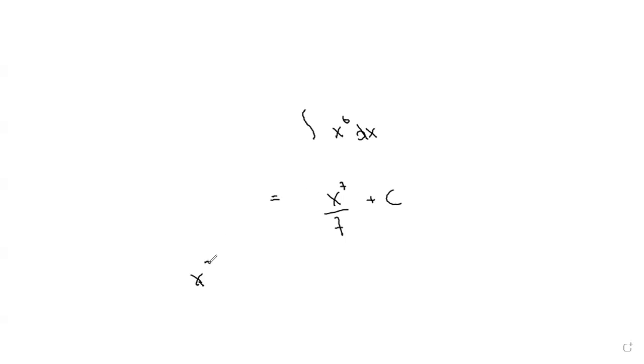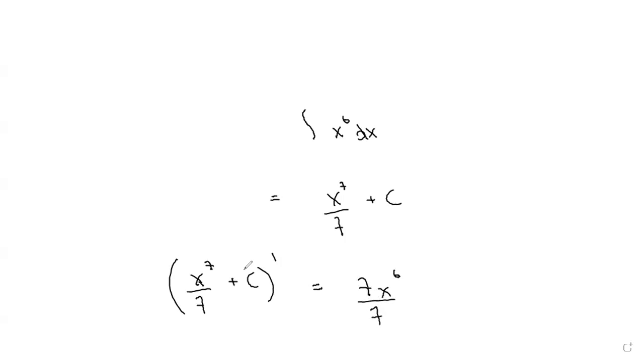Okay, so x to the 7 over 7 plus our constant. Let's take the derivative of this and see what we get. We should end up with x to the 6 dx, and that's just confirming that our answer is good. So the 7 will drop down, and then subtract 1 from the exponent, so that'll be 6, and then there's a 7 on the bottom already.